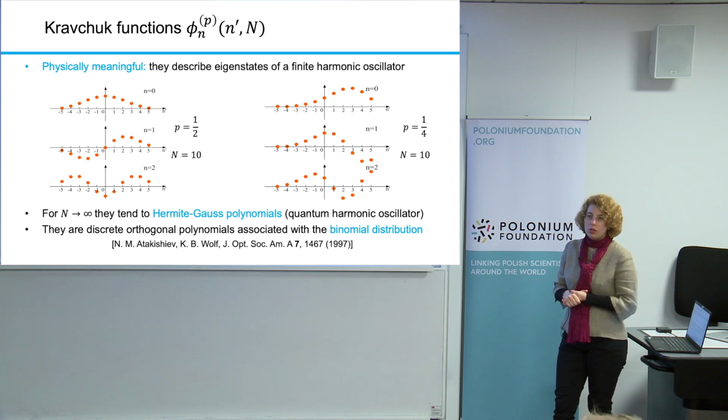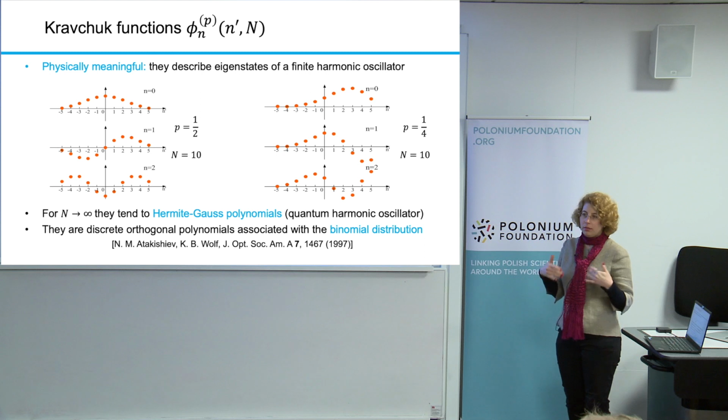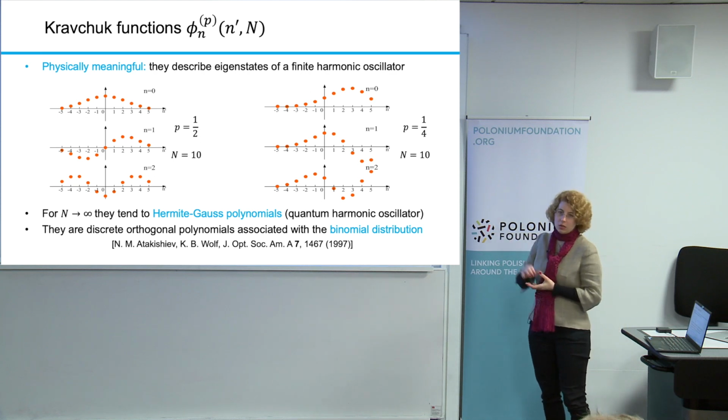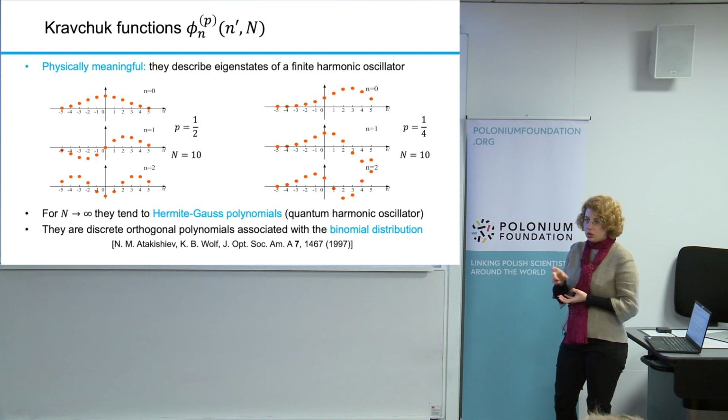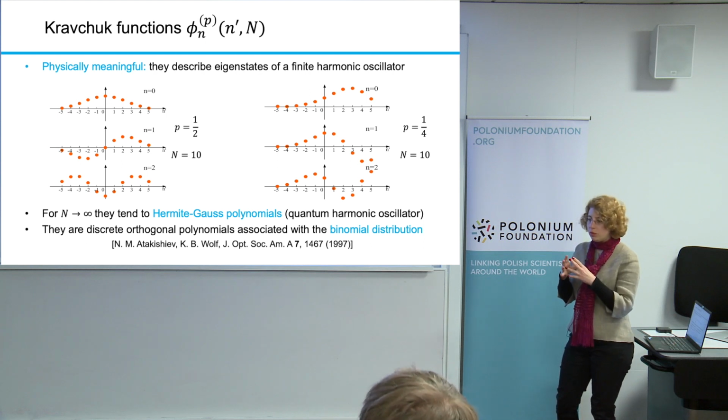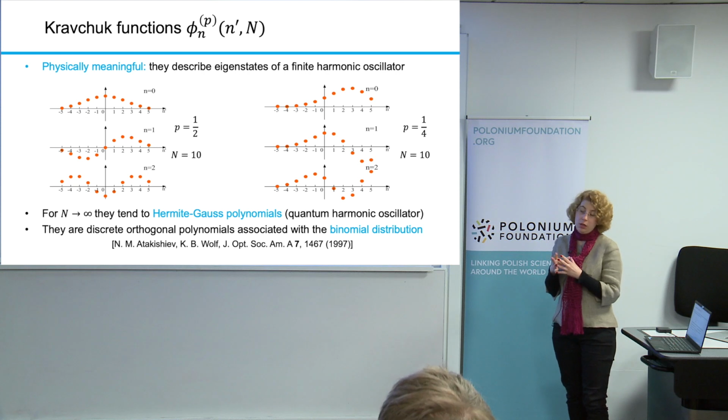The binomial distribution, as you can recall, is like a discrete version of the Gaussian distribution, of the normal distribution, and there is a parameter of success describing this distribution, and p exactly describes this parameter. So we can choose how these polynomials will be distributed over the domain. This will give us another feature: using the Kravchuk transform, we will be able to zoom and focus on the region of interest on the image that we process.